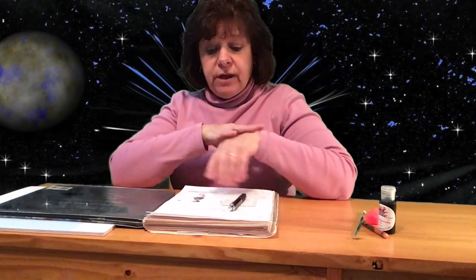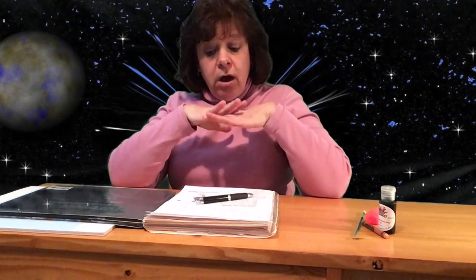So gravity, we can't see gravity. It's an invisible force that causes objects to attract each other. So every object in the entire universe has gravity that is continually pulling on every other object in the universe. So think about this. When you jump into a pool, the Earth's gravity is what pulls you down towards the water.